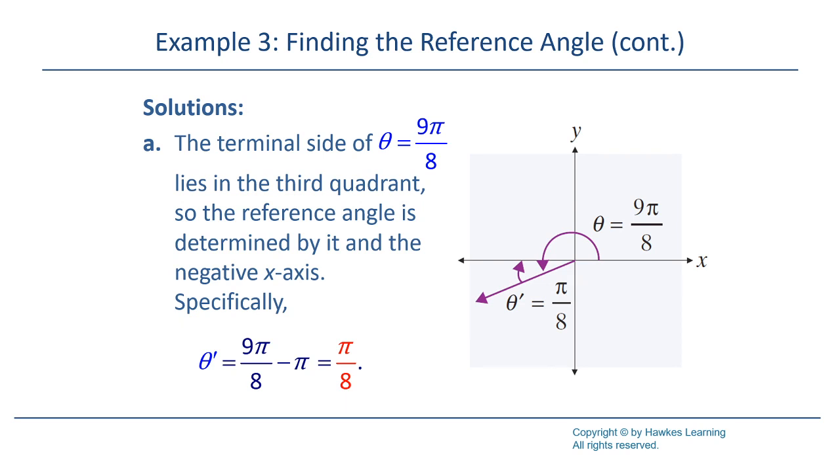Now, if you look at this and go, okay, well, how did you know that 9 pi over 8 was in the third quadrant? Well, if I had 8 pi over 8, that's just pi. So 9 pi over 8 will just be slightly greater than pi. But I know it's not going to be greater than 3 pi over 2.